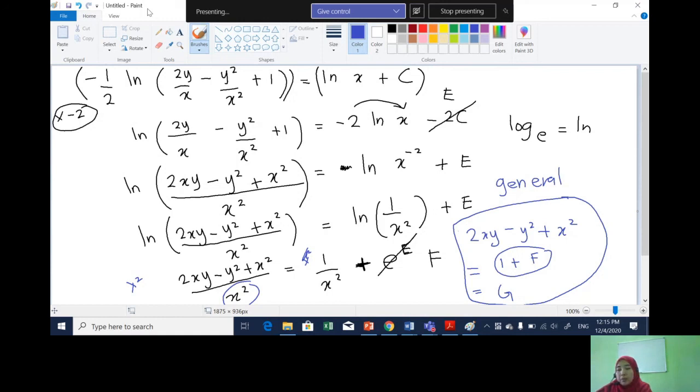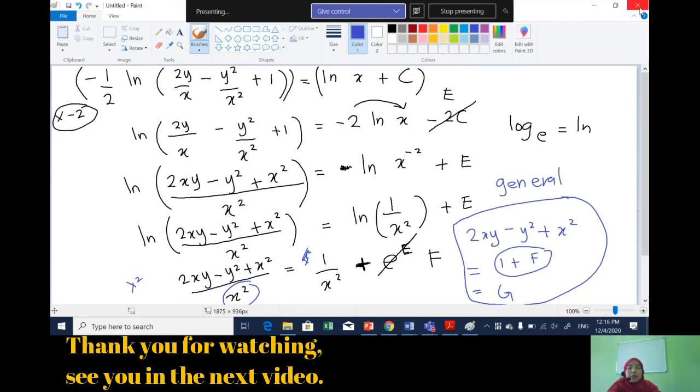There are some previous topics on methods of differentiation and integration for you to refer to. Please recall the methods of differentiation and integration so that you will get a clear understanding of solving, especially for integrations. So I think that's all.